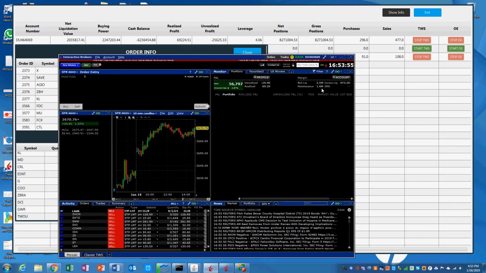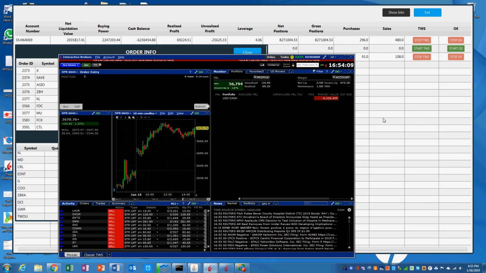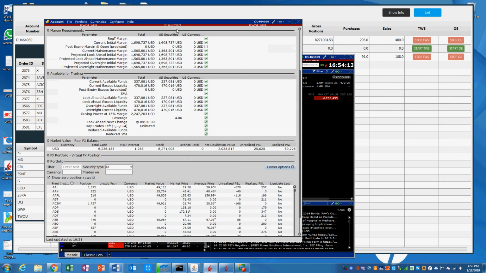It takes a while to come up. But you can also go to the account window, which I'm trying to reach. It's extremely slow because of the many applications which are open. And this is the account window which I'm trying to show you, and I'm trying to align it here a little bit for you.